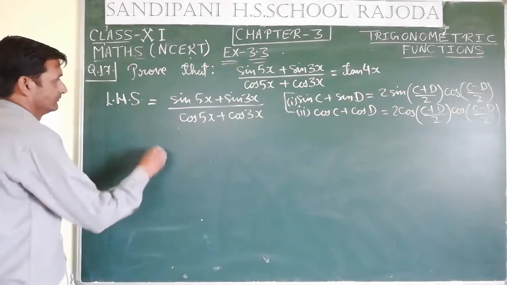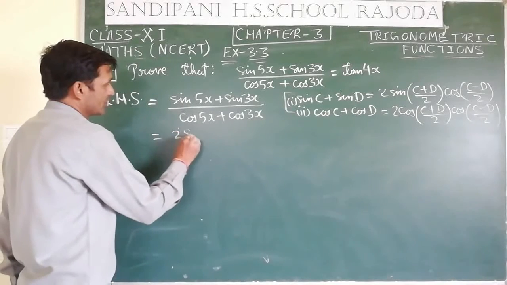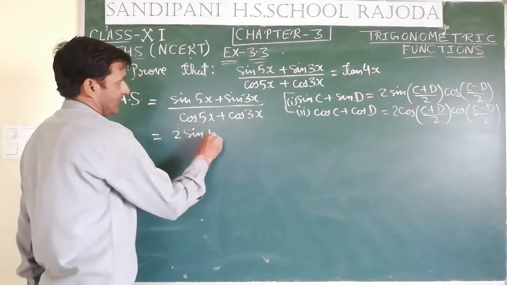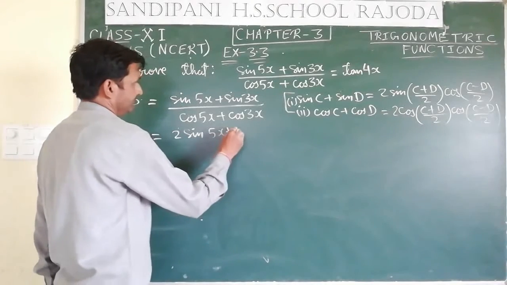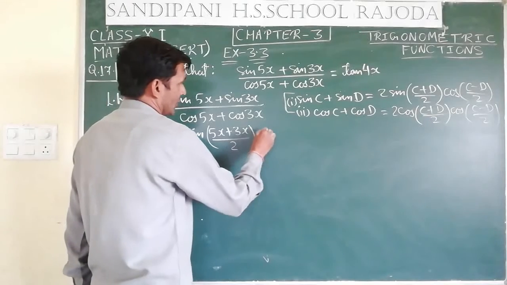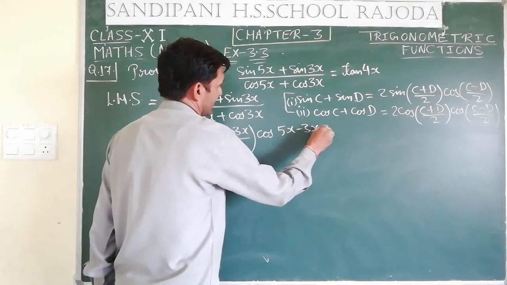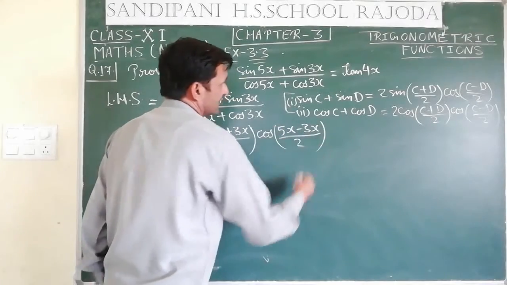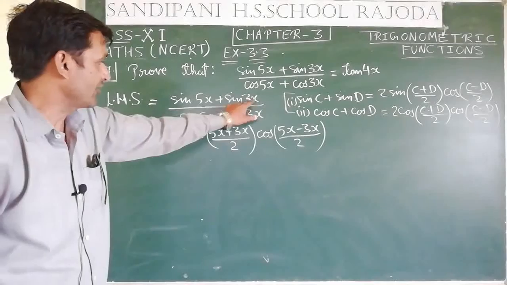So it will be 2 sin 5x plus 3x by 2 cos 5x minus 3x by 2. See, in place of c 5x is there, in place of d 3x.